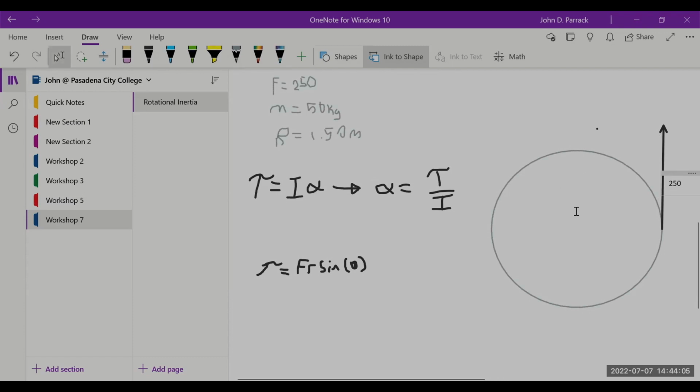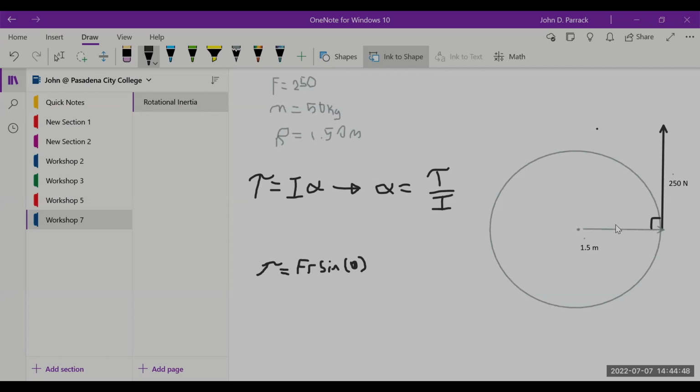And that is acting over a distance from the center. And this distance is 1.5 meters. Not 0.5. 1.5 meters. There we go.